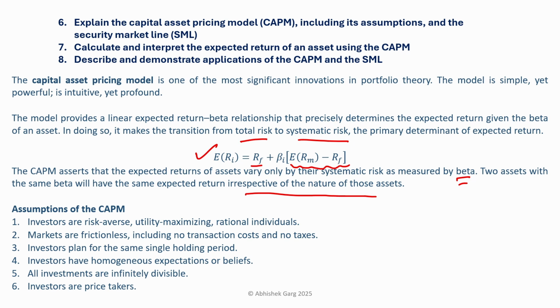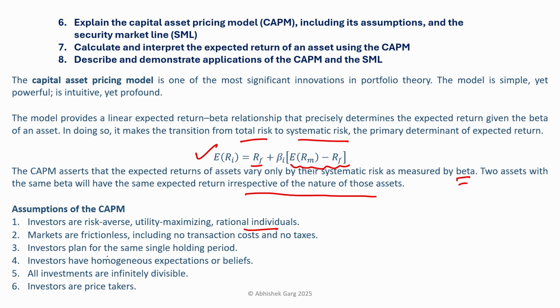What are the assumptions of CAPM? It assumes that investors are risk averse, utility-maximizing rational individuals. Markets are frictionless, so they include no transaction costs and no taxes. The CAPM doesn't consider any kind of transaction cost or taxes while generating the expected return.